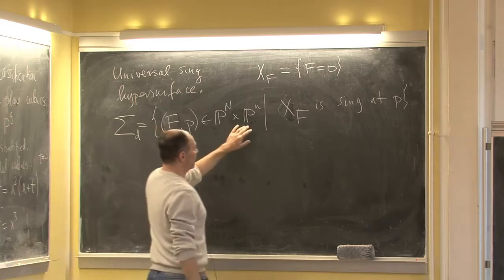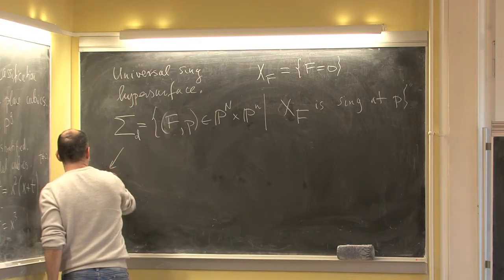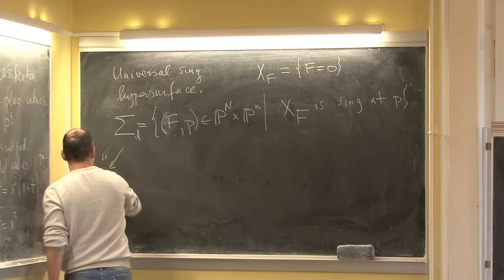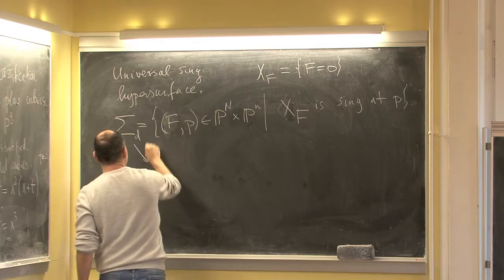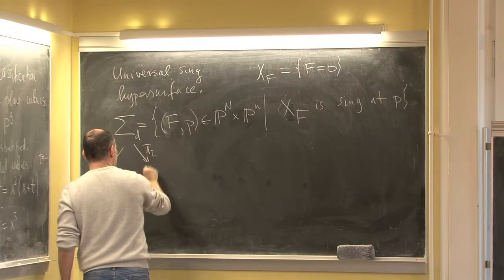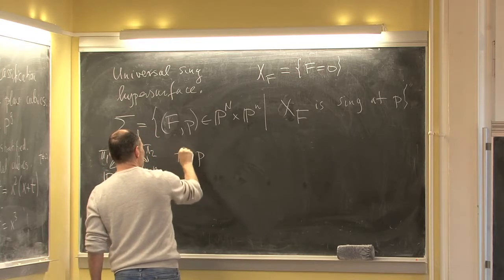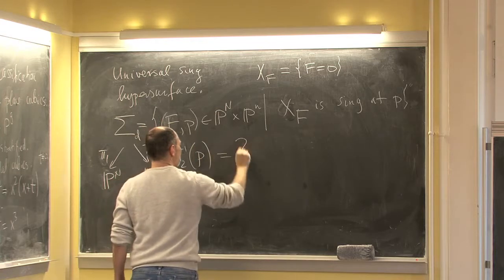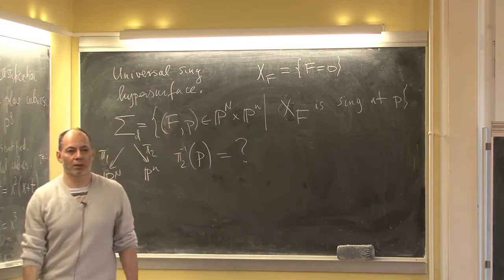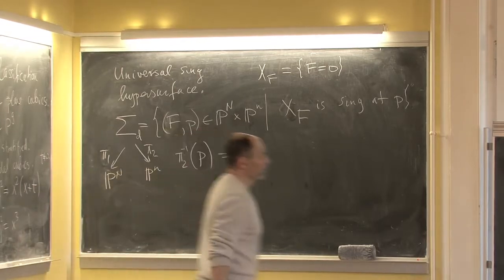We are going to fix P now and look at pi 1, pi 2, Pn. So I'm going to fix P, and I'm going to be interested in this fiber, pi 2 inverse of P. So what is this? Of course what you see here is very simple.